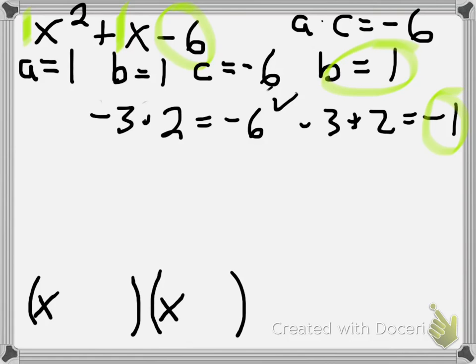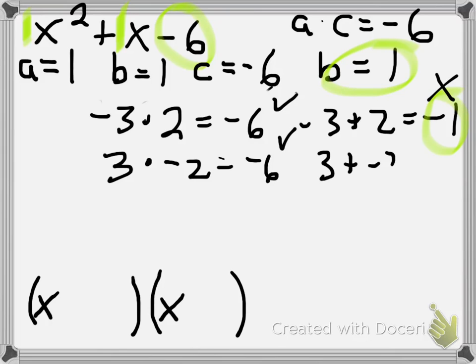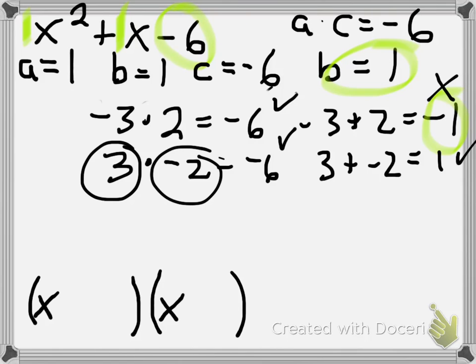So it still fails, but I know I'm getting close. And so probably I just have to change the sign: 3 times negative 2 equals negative 6. That's good. And then 3 plus negative 2, some of you just do 3 minus 2, and you get 1, and it passes on both those things. So we're going to use 3 and negative 2 to do our factoring.